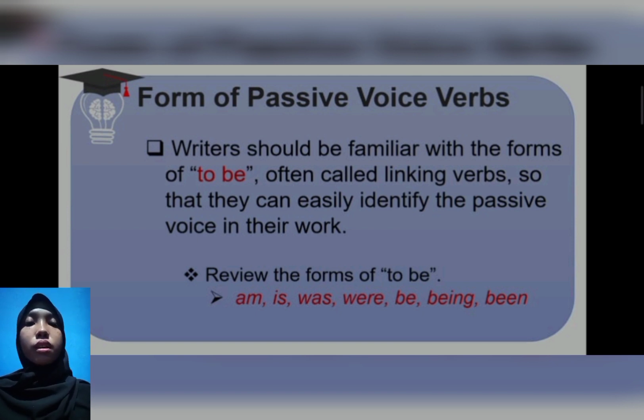Review the forms of to be: am, is, was, were, be, being, and been.